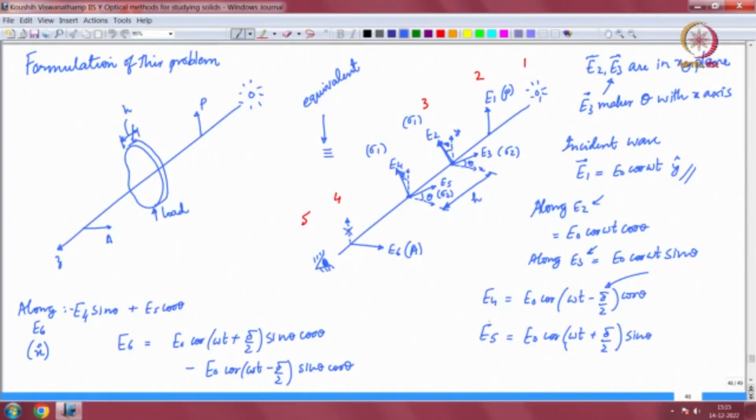So, if I just go back to where we ended in the last session, we have this formulation of the problem which we introduced. You have a light source on the left, you can see here, and the light source is passed through a polarizer sheet which has a polarization axis, we call that P, and the light coming out from this polarizer sheet then passes through the actual loaded object.